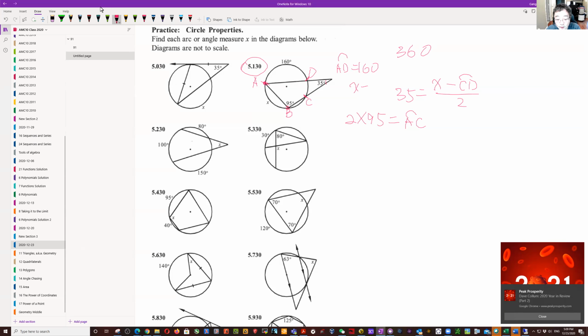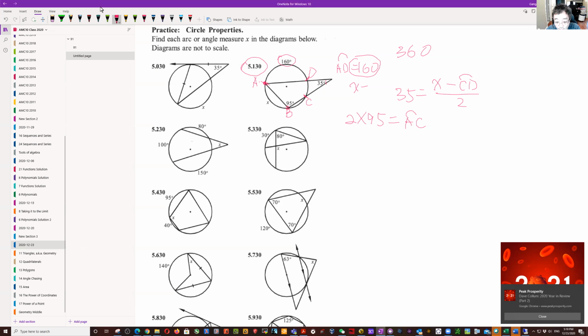So we can see this is 160, and this from A to C. AD is 160, because it's the measurement on the arc itself, and this is on the angle.